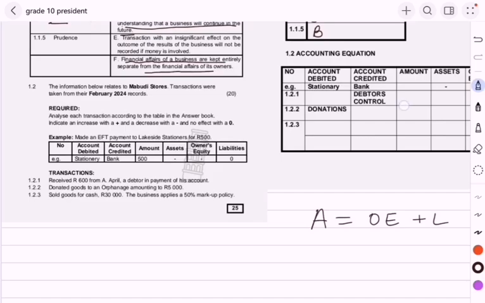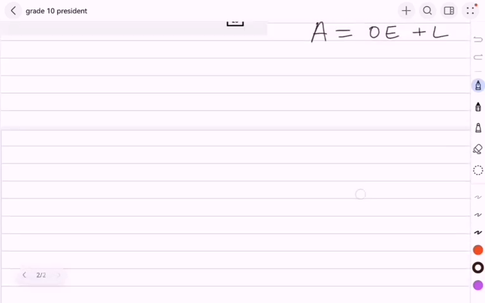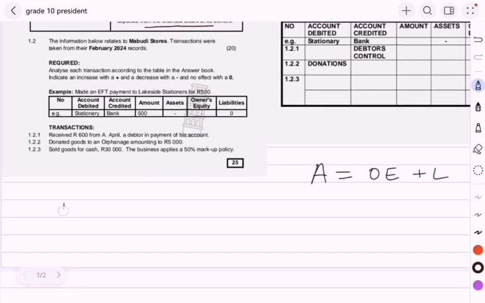So here are a few steps that I want you to use whenever you're dealing with your accounting equation. So step number 1, you must check whether it's going to affect your asset, your owner's equity, or your liability.